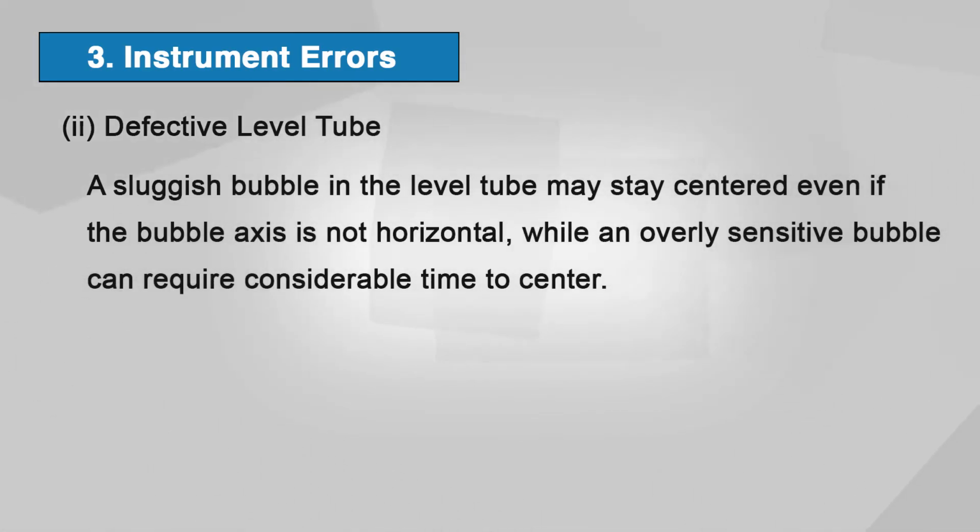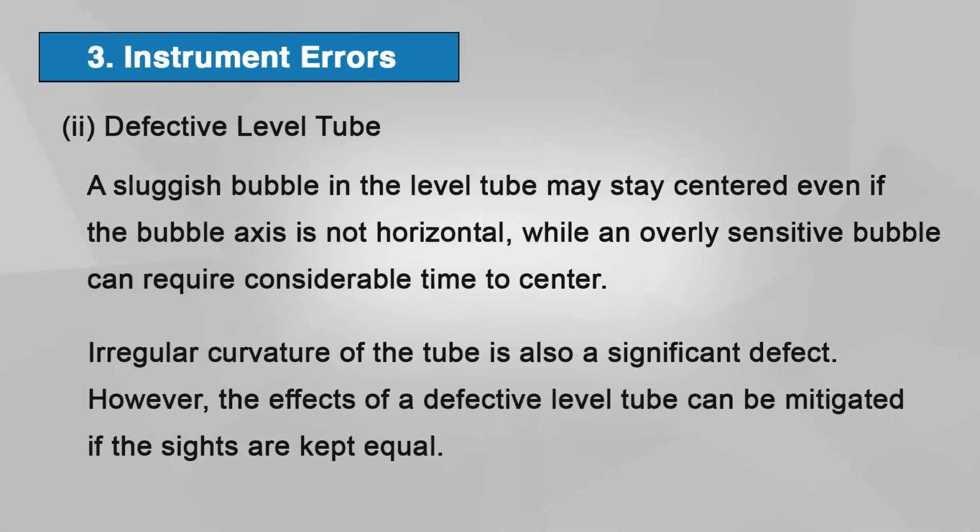A sluggish bubble in the level tube may stay centered even if the bubble axis is not horizontal, while an overly sensitive bubble can require considerable time to center. Irregular curvature of the bubble tube is also a significant defect. However, the effect of a defective level tube can be mitigated if the sides are kept equal.